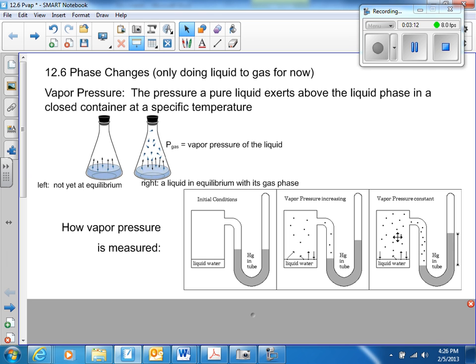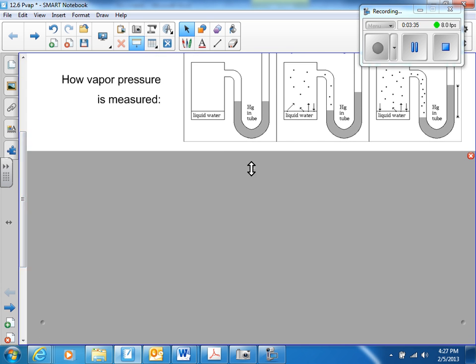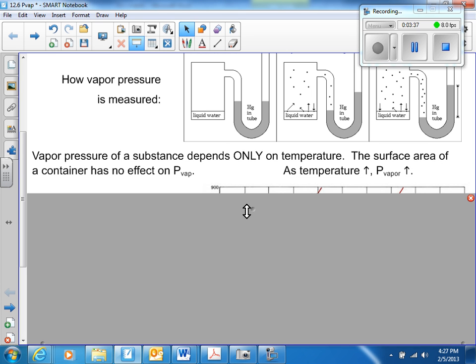And those gas molecules cause a pressure to be exerted in this area, and it pushes the mercury down. And the difference in height between this side and this side is the vapor pressure of the liquid water at whatever temperature this experiment is being run at. And that is one way to measure vapor pressure. We'll probably do a lab where we measure vapor pressure.